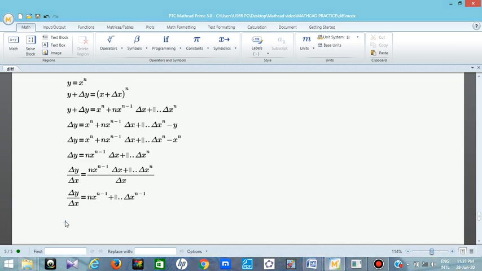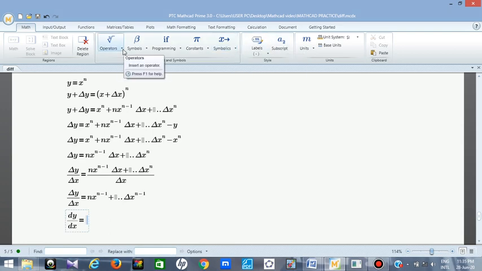So how do I get it now? I'll get my final dy/dx now. dy/dx is equal to the limit of delta y divided by delta x when delta x approaches 0.